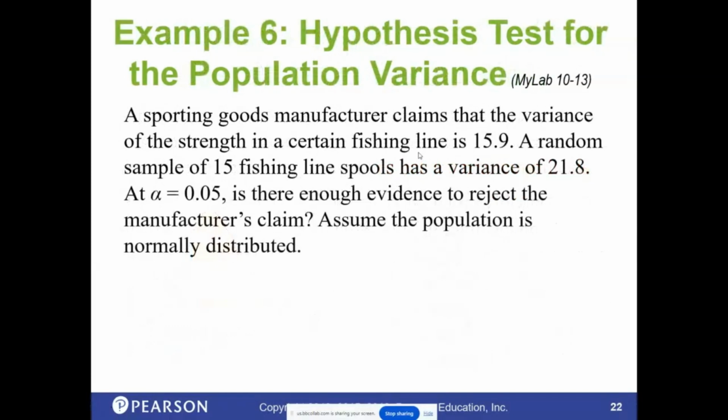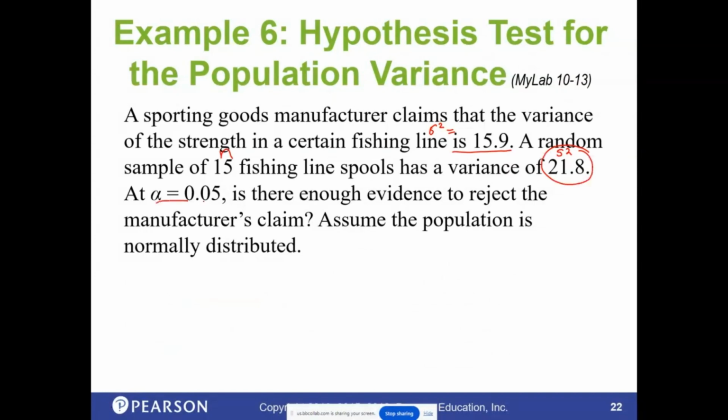We've got a sporting goods manufacturer that claims that the variance of the strength in a certain fishing line is 15.9. So the variance is 15.9. A random sample of 15 fishing line spools, so there's our N, has a variance, so here's our S squared, of 21.8.